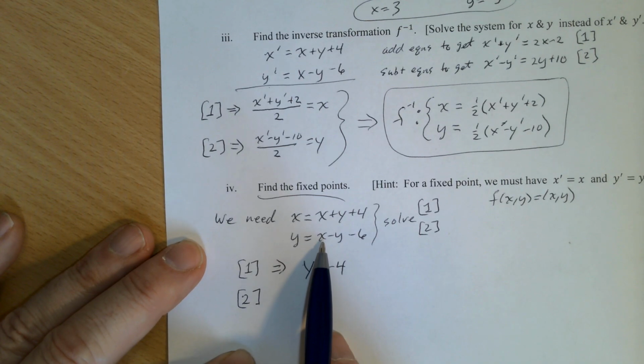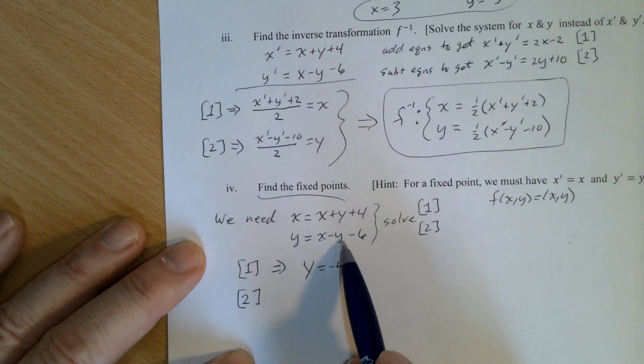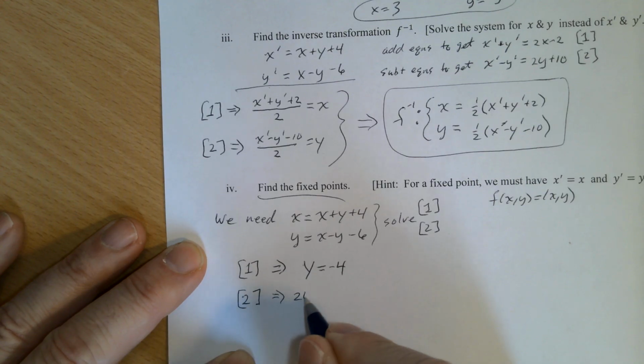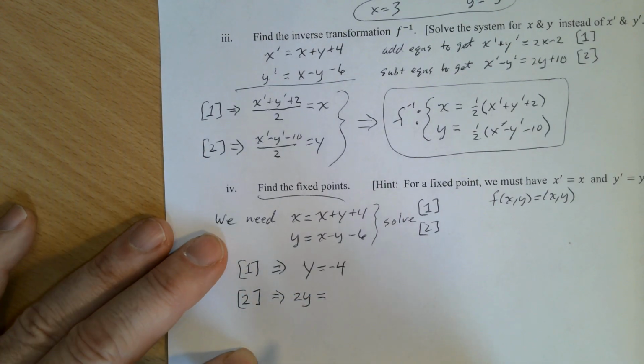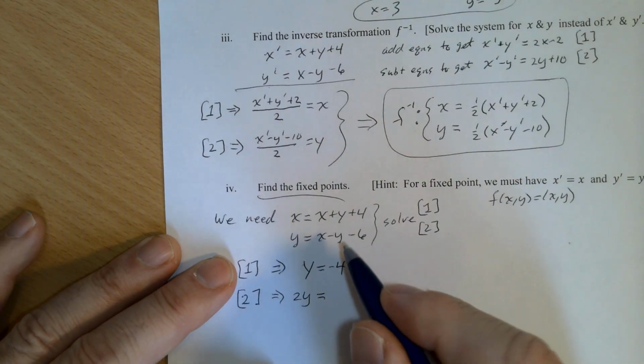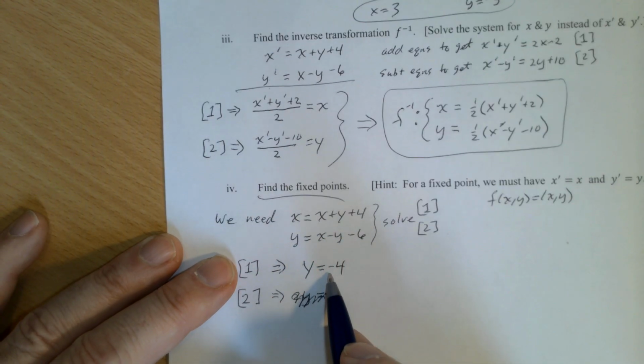We would get x. Let's see, maybe I'll get y by itself. Add y to both sides. 2y. Actually, we already know. Let me solve it for x. Solve this for x, because I already know what y is.